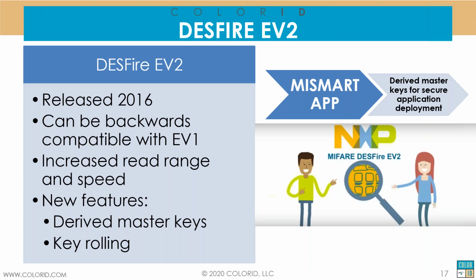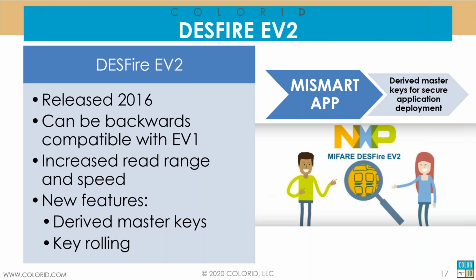What EV2 offers, primarily in terms of an advantage, is a greater read range. EV1 had a very close read range, and EV2 gives you a little more range. It starts reading a little sooner, so EV2 feels faster.